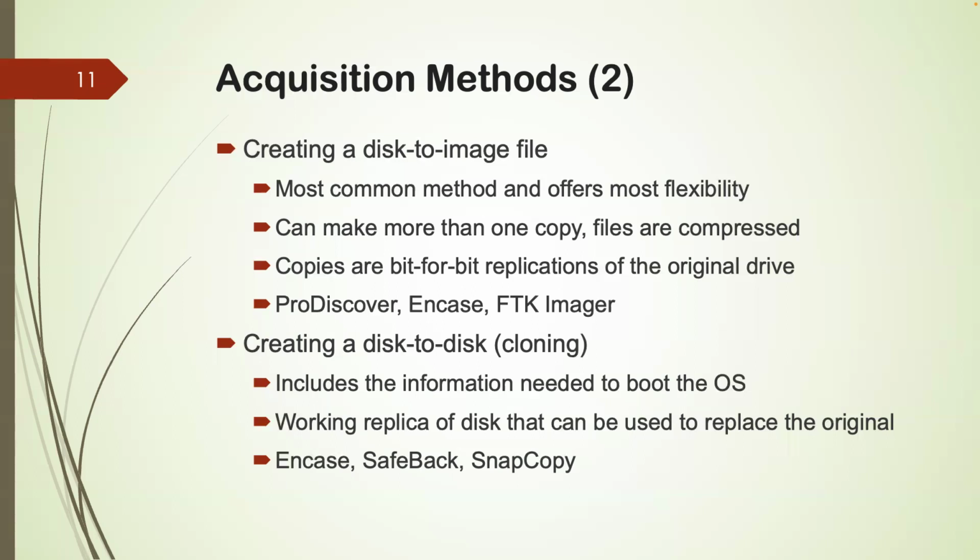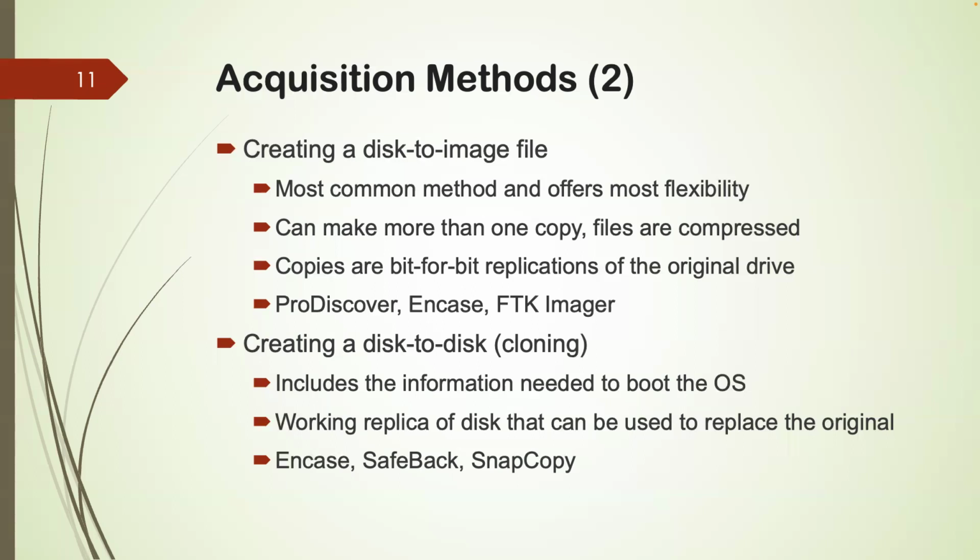So this one is an identical replica, including the OS information and the empty spaces, and you can just swap these two and they will still work. Like you can boot your PC from this cloned disk as well.